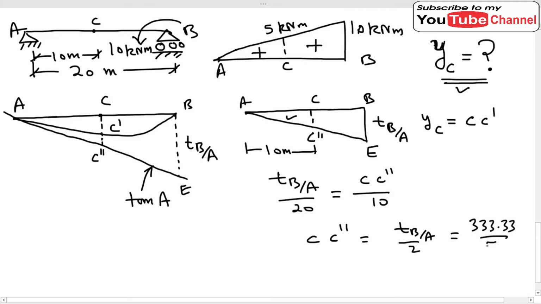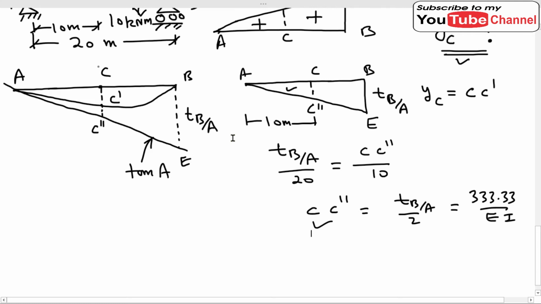and this will come out to be 333.33 upon EI. Now let us understand why I have found out this CC double dash. Why are we finding it? Because we have to find out this CC dash, and CC dash is equal to CC double dash minus C dash C double dash. What is C dash C double dash?